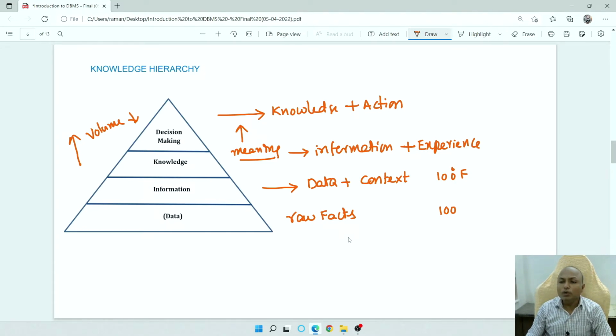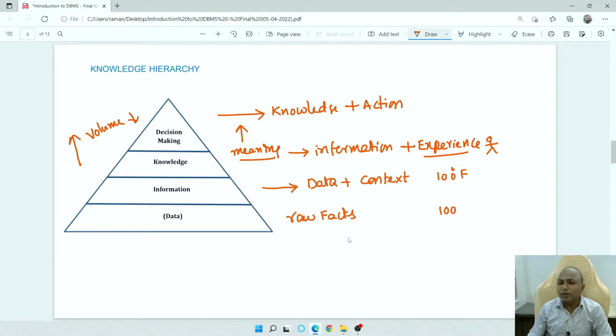If you go to the doctor, what will he do? He will use his expertise or experience and analyze that 100 degrees Fahrenheit is greater than 98.4. He knows that any patient suffering with fever has a temperature of more than 98.4 degrees Fahrenheit.